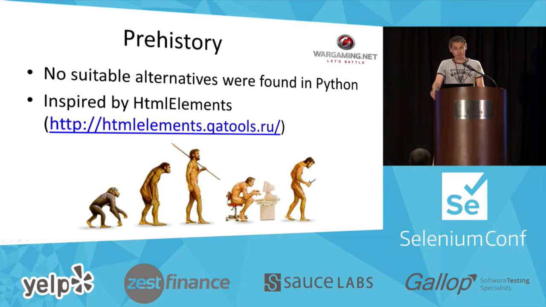There are good implementations available as open source libraries, for example, HTML elements from the guys from Yandex. As for Python, we really couldn't find any suitable solution which would fit our needs, and being inspired by HTML elements, we decided to make a sort of port in Python.